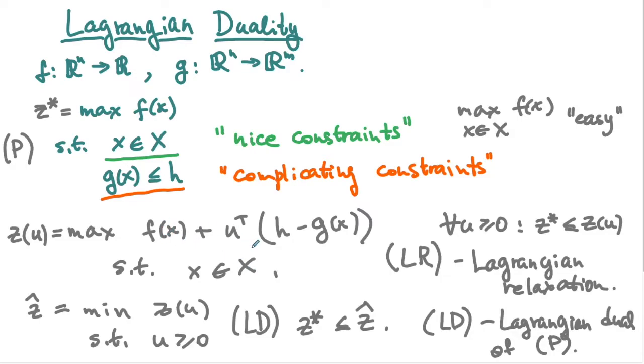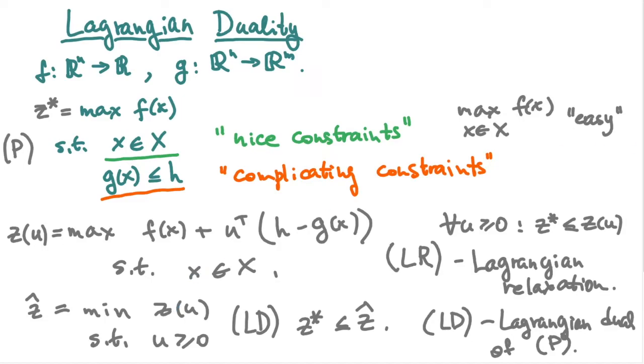And then we will look at the structure of the function z of u, and we'll see that this is a convex problem, and we can solve it using the subgradient methods or some other methods for non-differentiable optimization. So if we are able to solve the Lagrangian dual efficiently, then in some cases we can actually obtain the exact solution for our original problem by solving the Lagrangian dual.